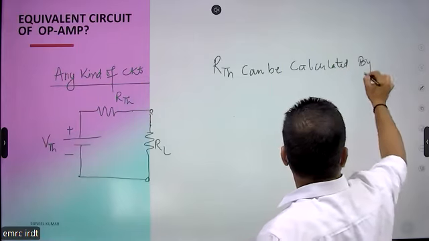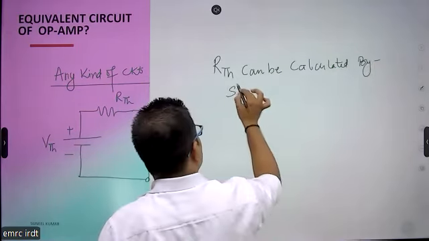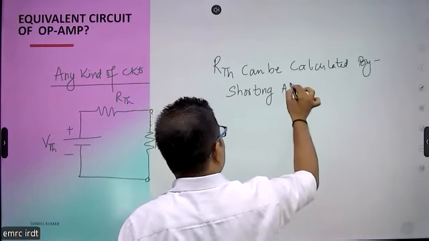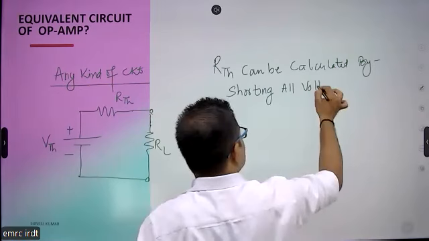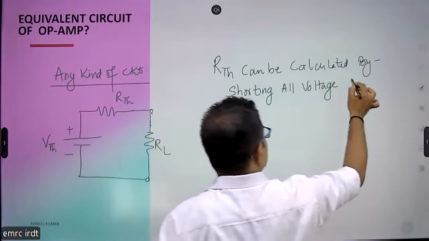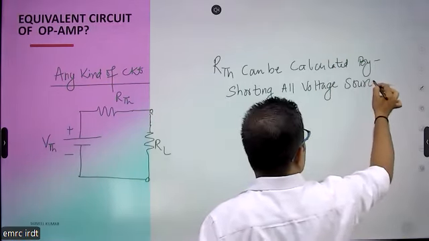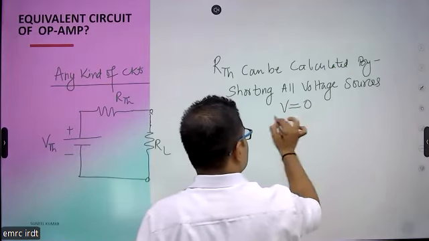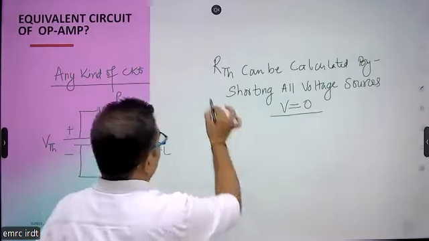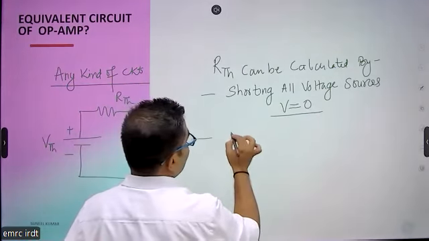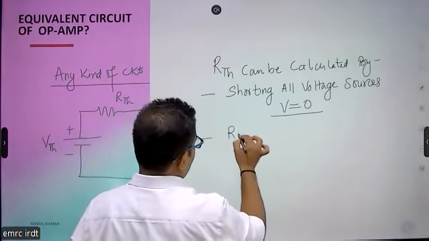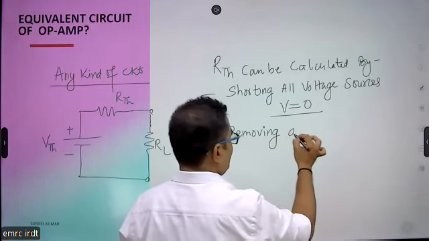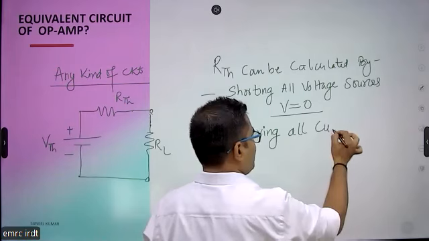by shorting all voltage sources. Shorting all voltage sources means voltage should be 0. Voltage should be 0, and removing all current sources.